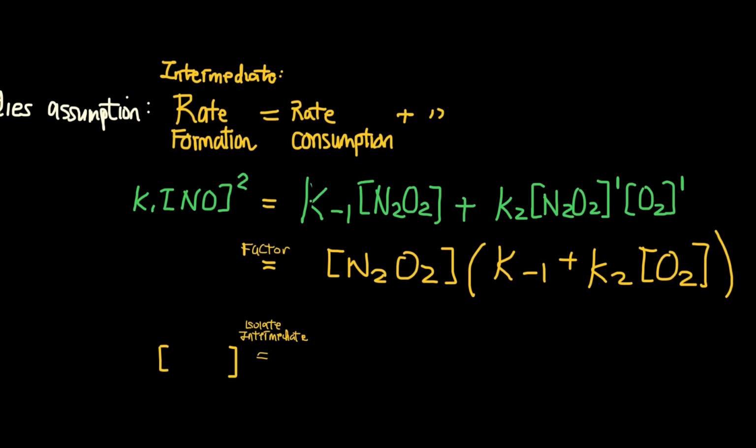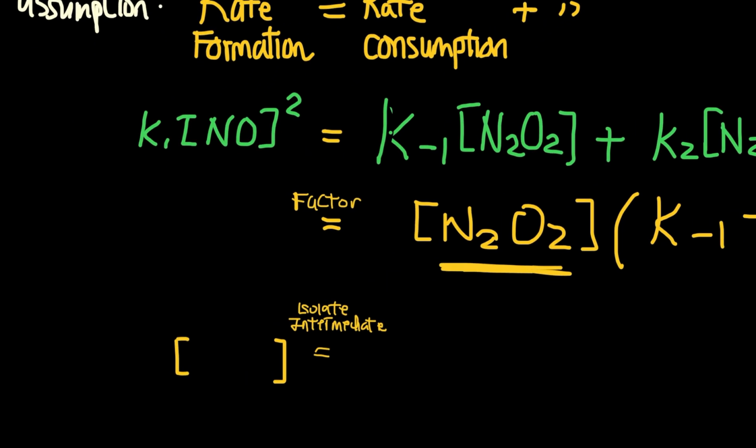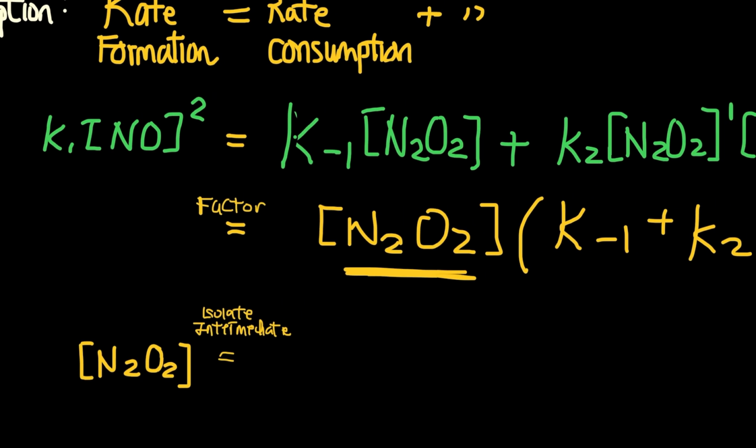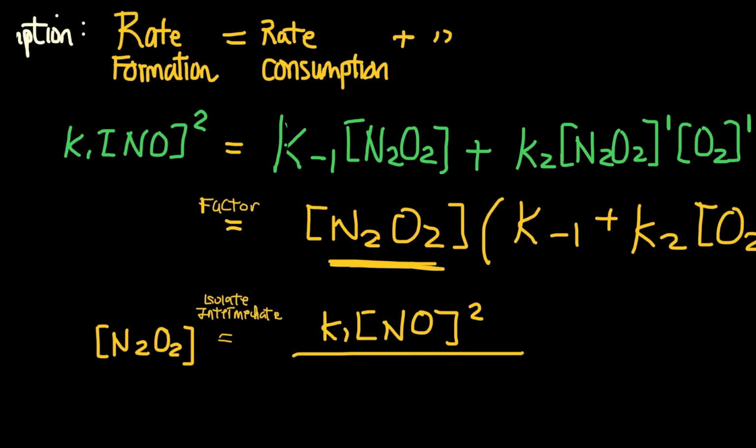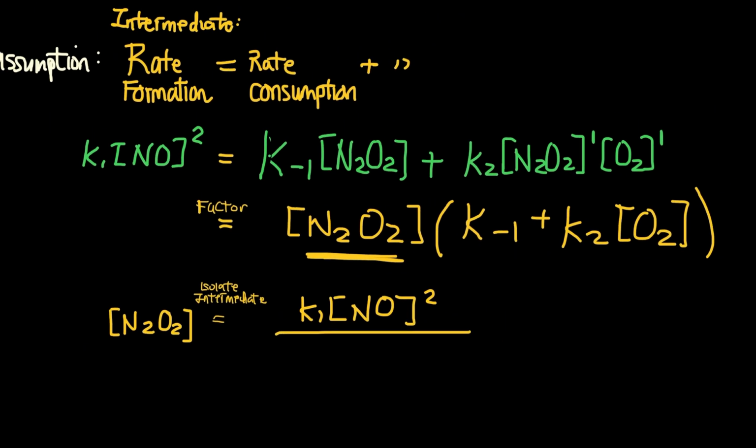And the next step, after having factored out our intermediate, is we're going to isolate this intermediate. So we're going to put the intermediate on one side. And this is from the left hand of the equation divided by this.